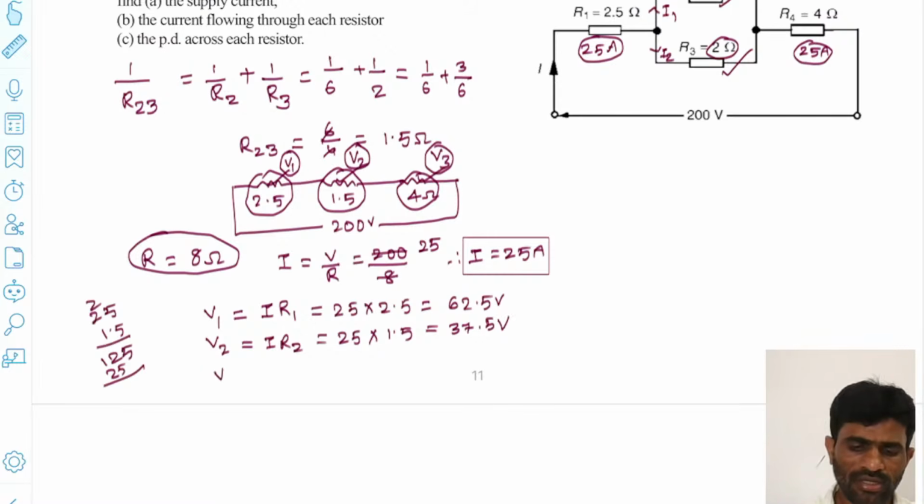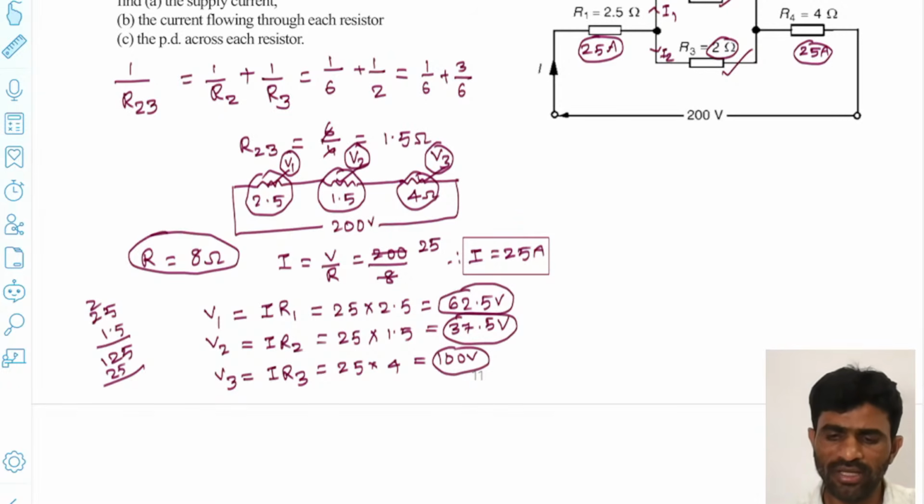So V3 is equal to I into R3, 25 into 4, which is 100 volts. So see, this 200 volts is divided as 62.5 volts, 37.5 volts and 100 volts.